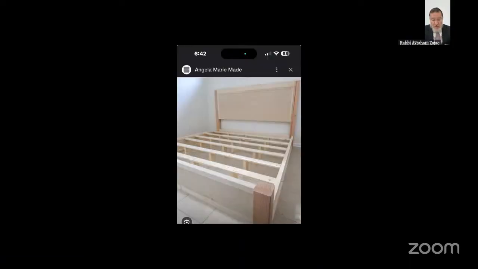So we say like this, that if the new boards were broken, the bed remains tamei. Why is the bed tamei? Because the bed is still functional, because when you have the old boards, then the bed is still tamei. But if now the old boards were broken, now the bed becomes tahor, which is quite amazing.